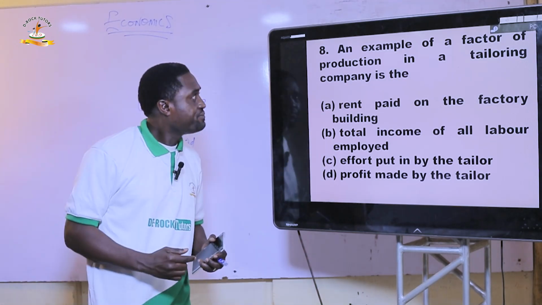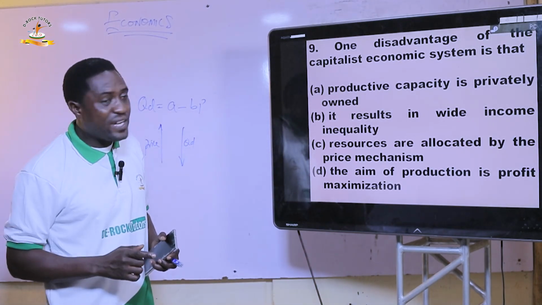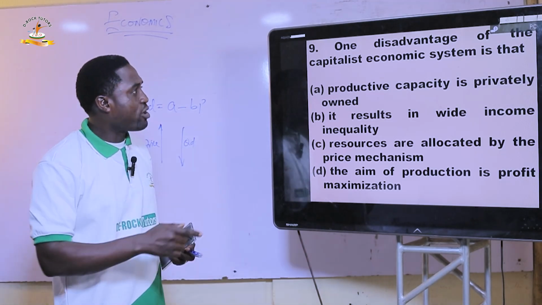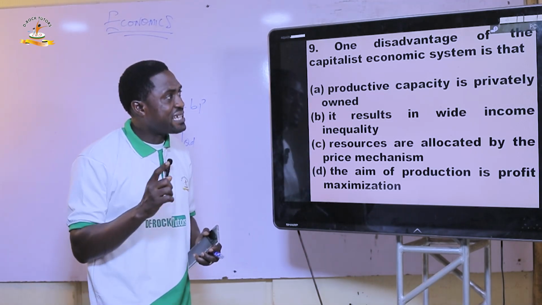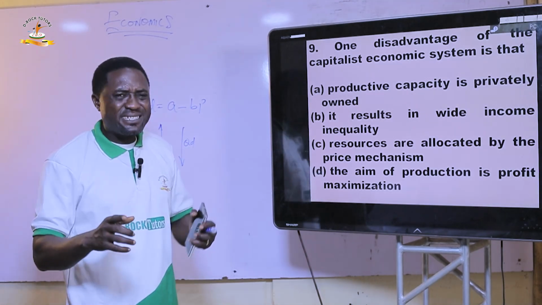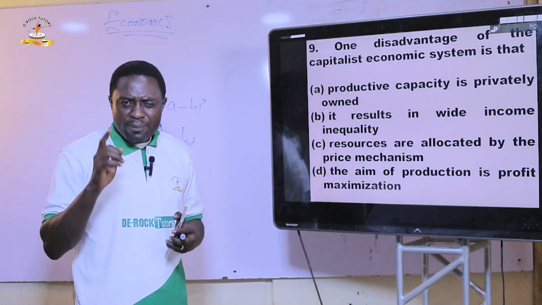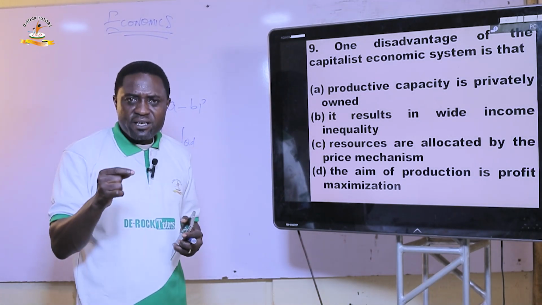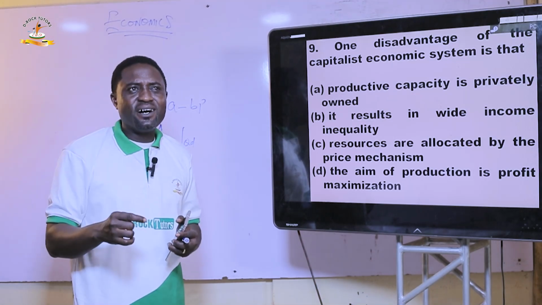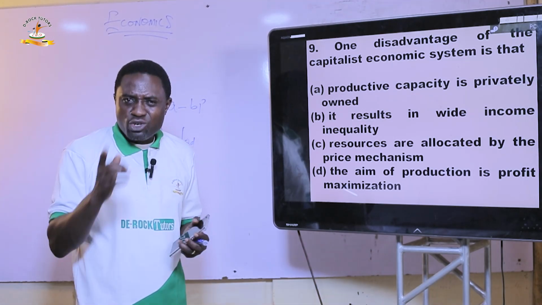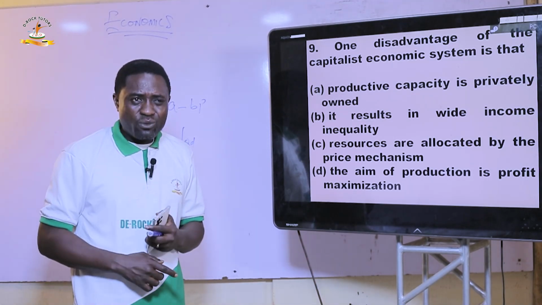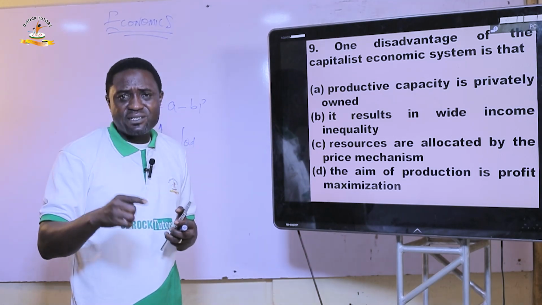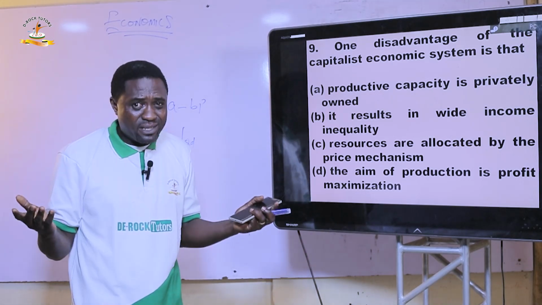The next question. One disadvantage of the capitalist economic system is that capitalist economic system is a system whereby the means and distribution of production is controlled by an individual. And we have different countries practicing capitalist economy.